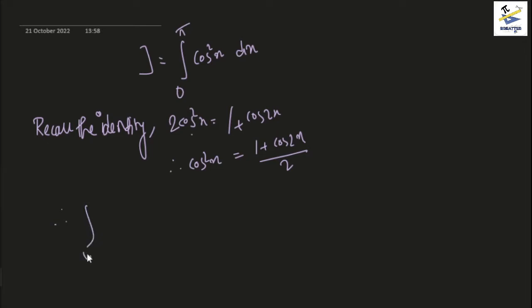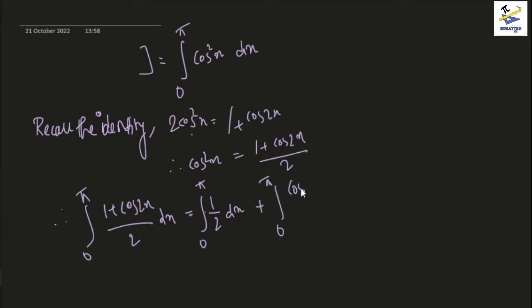Anyways, so the integral from 0 to pi of 1 plus cos 2x by 2 dx will be the integration of half dx from 0 to pi, and we will also have the integral from 0 to pi of cos 2x by 2 dx.